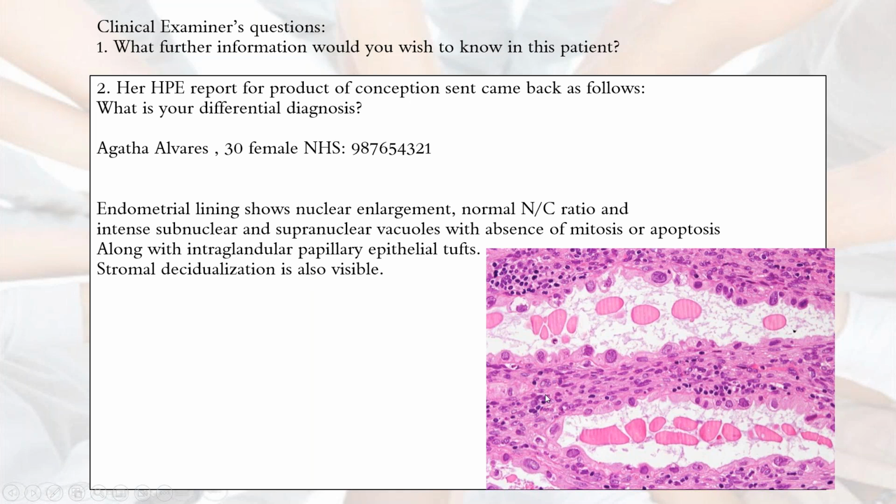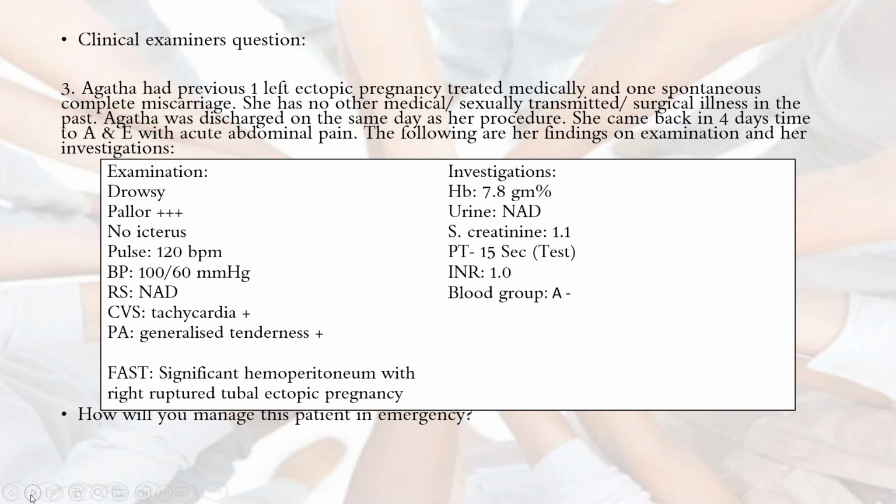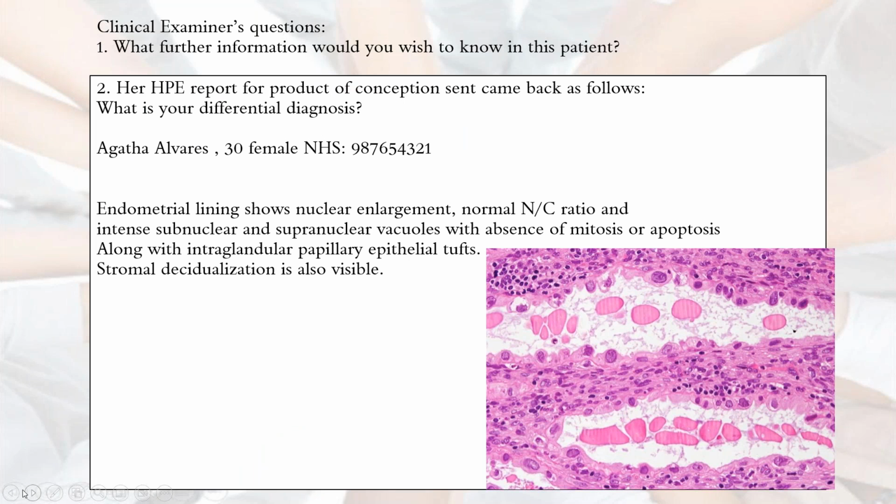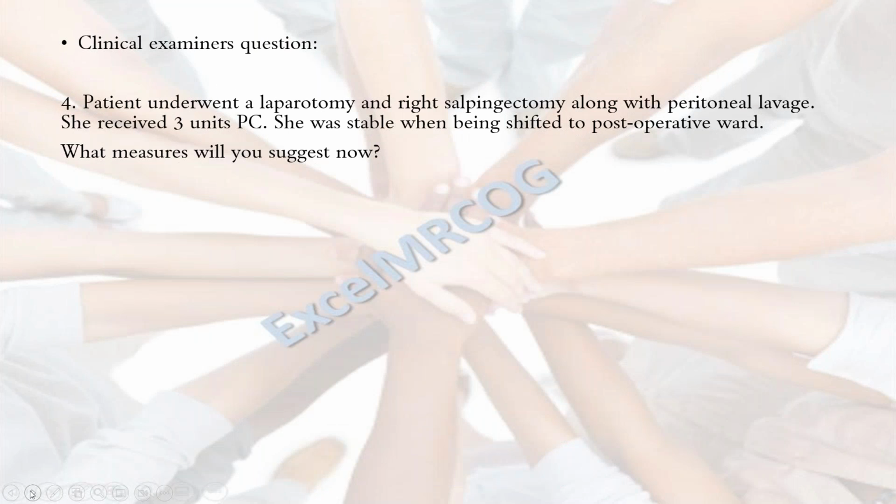That means there is pregnancy somewhere, but there is no chorionic villi seen. So what do you conclude from this? That there's no pregnancy in the uterus.